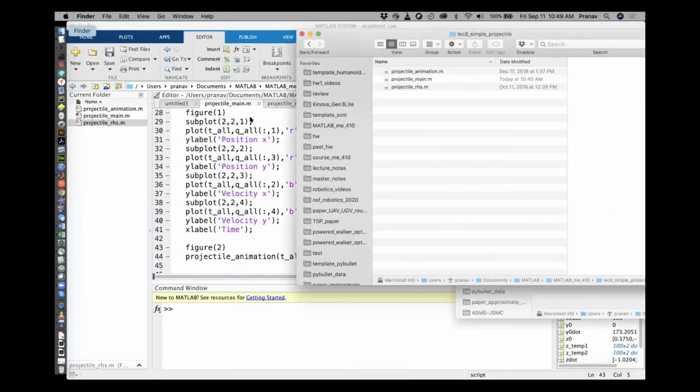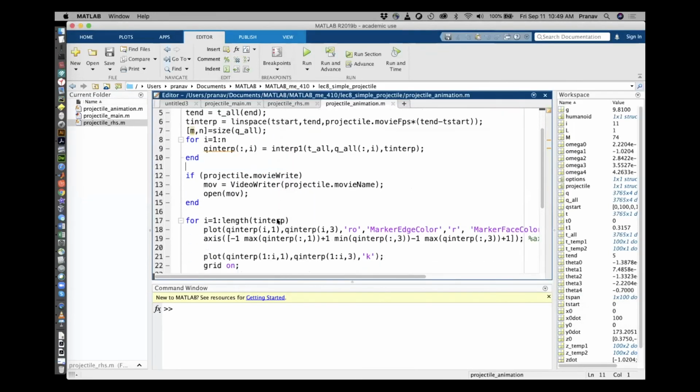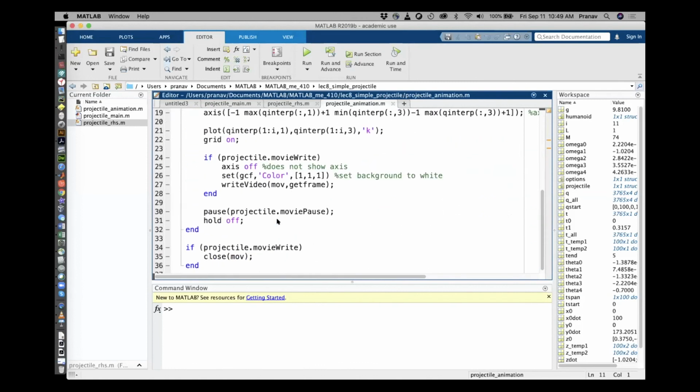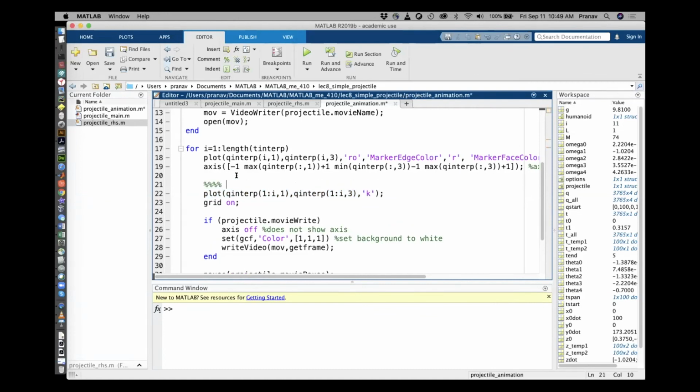The animation code is probably much simpler than what you have done so far. It essentially draws the x position. So this is plot the x and y position. So you just keep plotting the x and y and just keep redrawing to get the figure of the ball.